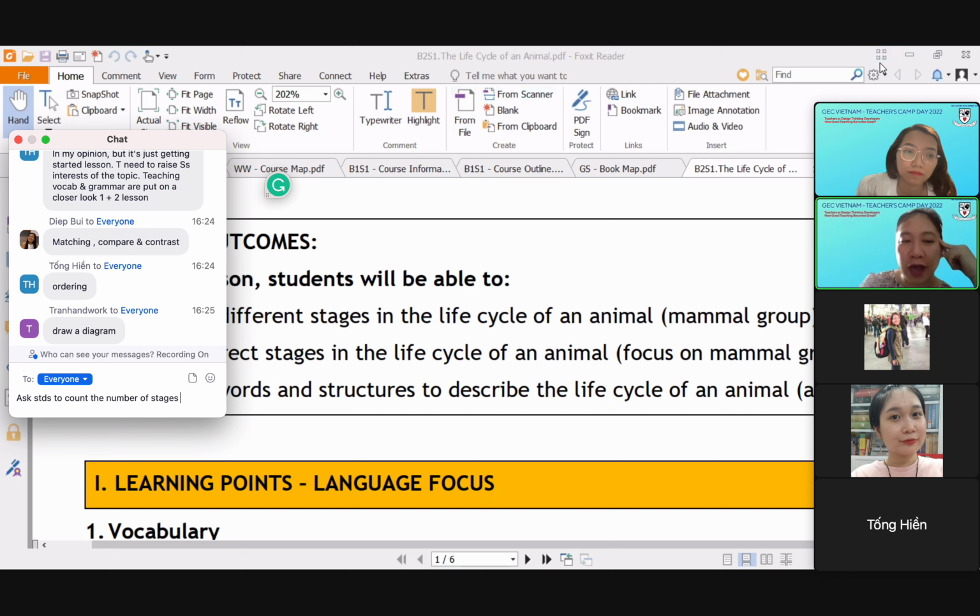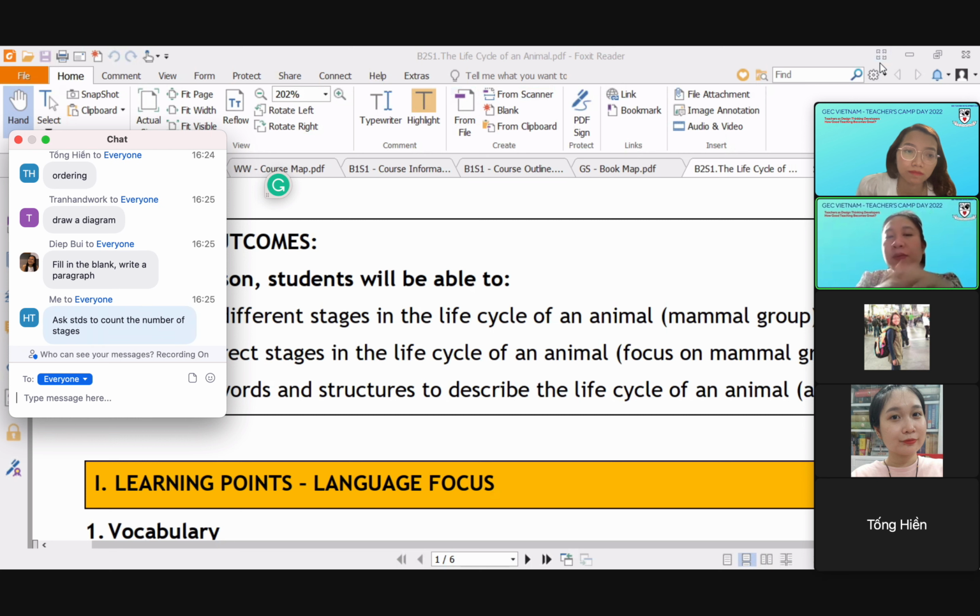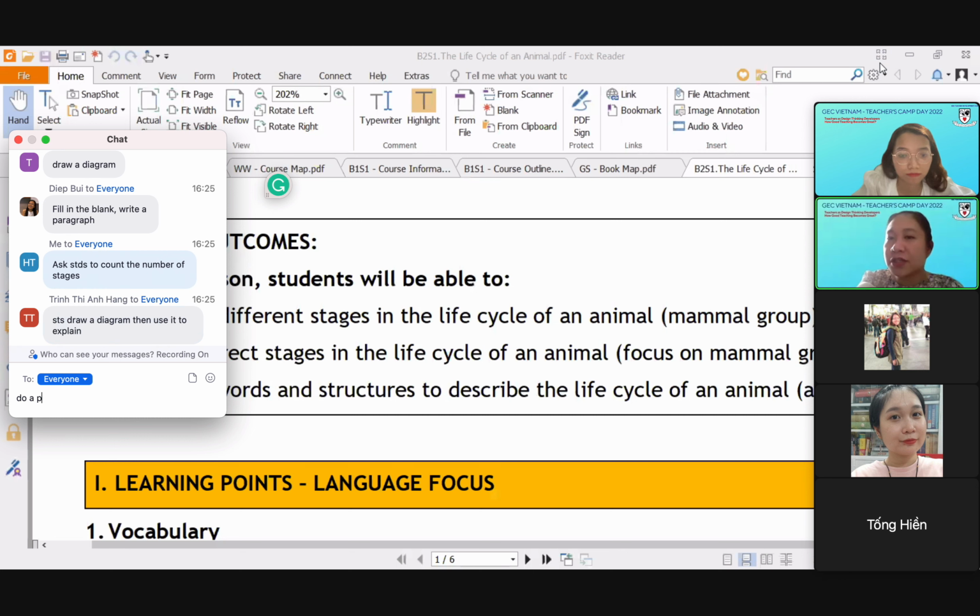Draw a diagram. Yes, good. They can draw, and use target language to summarize the life cycle in a diagram. Draw a diagram, then use it to explain. Yeah, exactly.